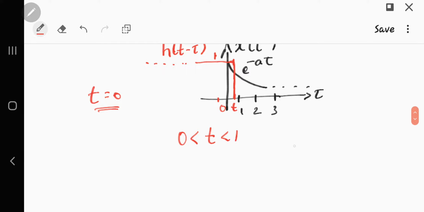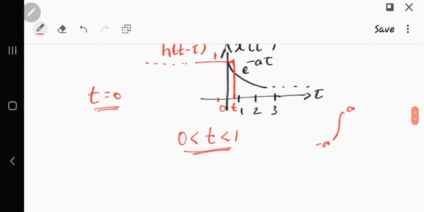But to get the limit, the integration is from minus infinity to plus infinity. So when you are dealing with these kinds of continuous time signals, I prefer you to keep it in between two indexes, so between 0 and 1, between 1 and 2, and between 2 and 3. It makes taking the limits easier.